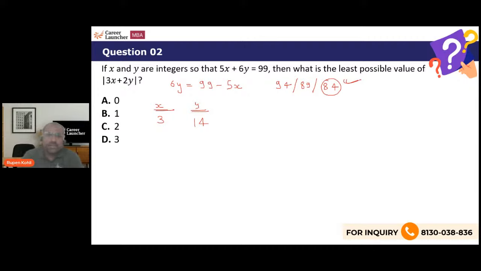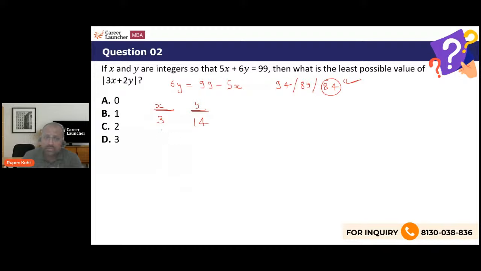Now the point is that x and y are to be defined using the integer solutions of the linear equation. So what are the general values of x and y which will satisfy? The value of x changes in multiples of the coefficient of y, which is 6.